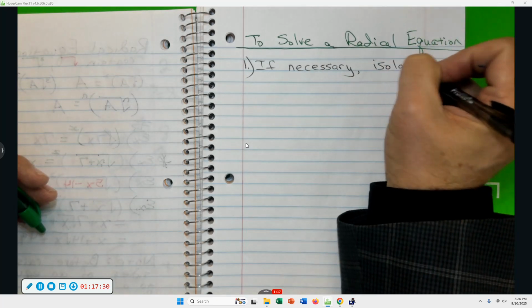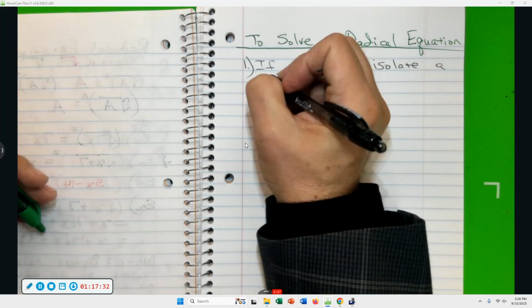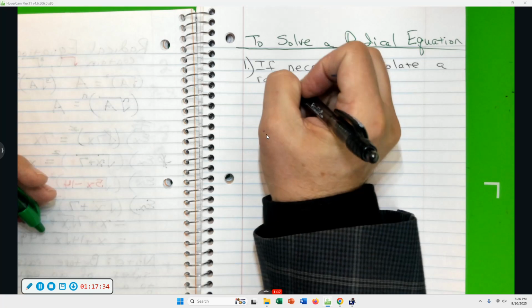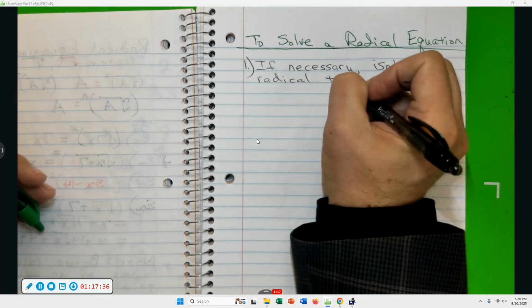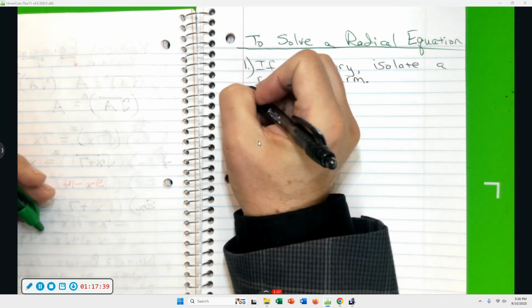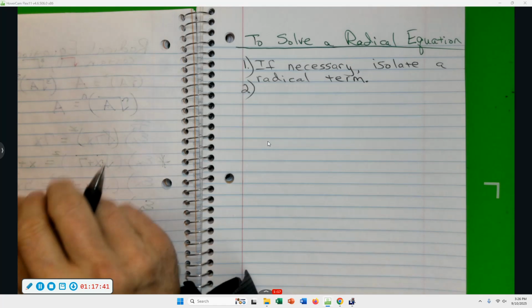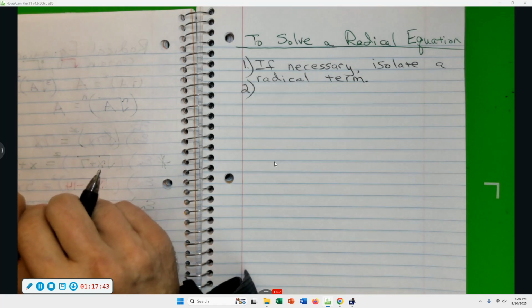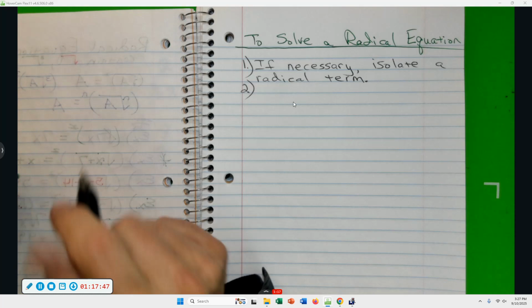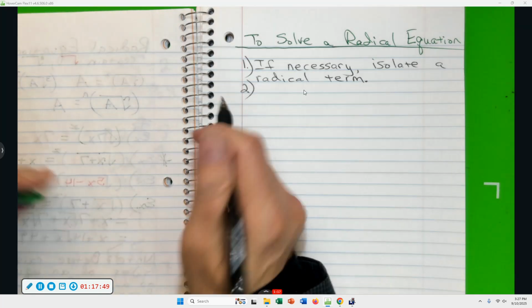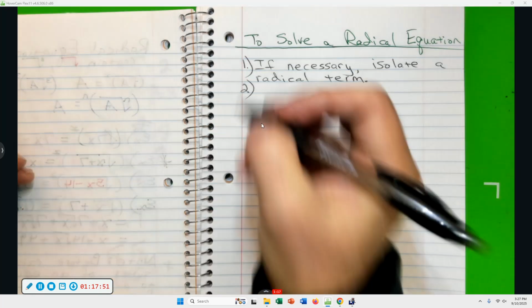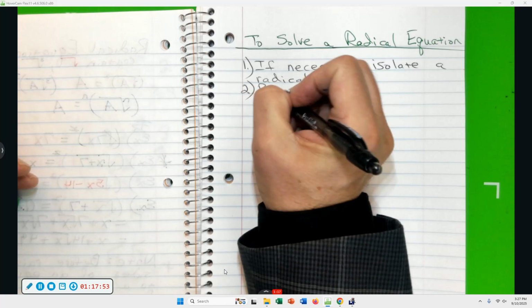Isolate a radical term. And then 2, raise both sides to the power of the index on the radical. If it's a square root, you'll square both sides. If it's a cube root, you'll cube both sides. That's what I'm trying to say here.